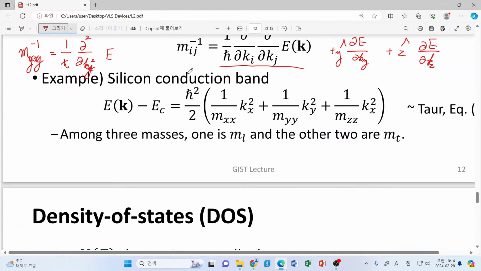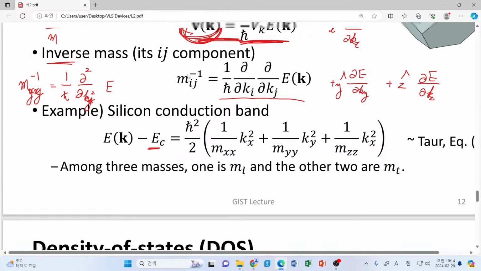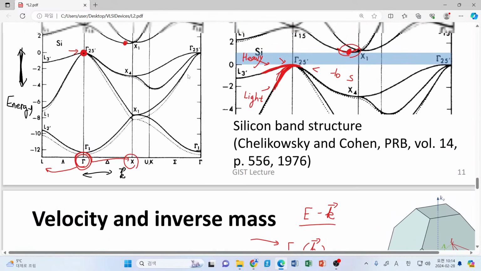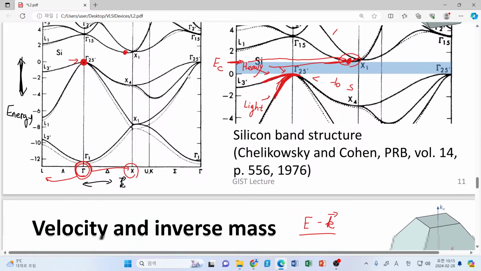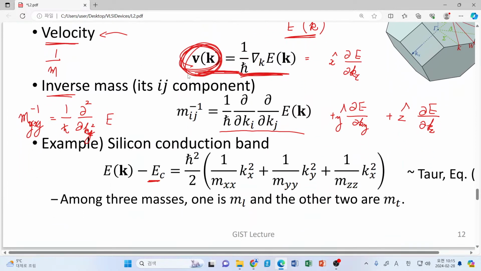Here we have EC; why do we have EC here? This is the conduction band minimum energy, so it corresponds to this energy. The minimum energy is written as EC, and now we are describing the energy measured from its minimum energy, given here.